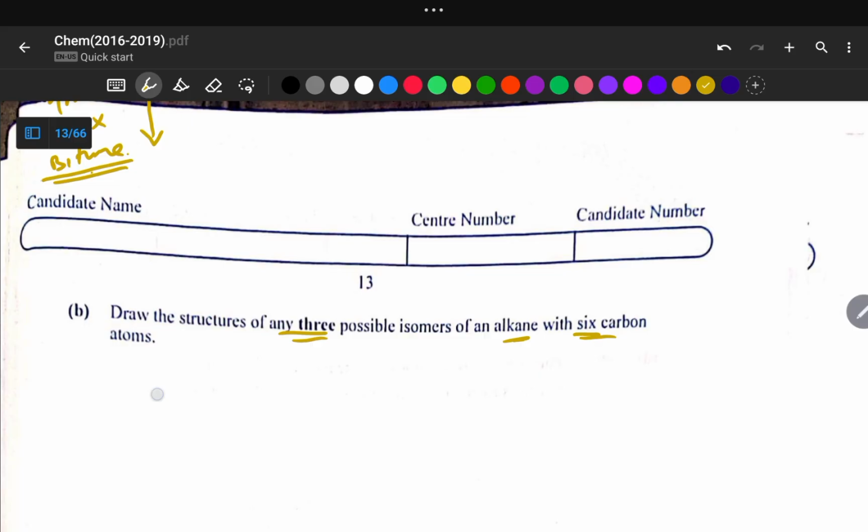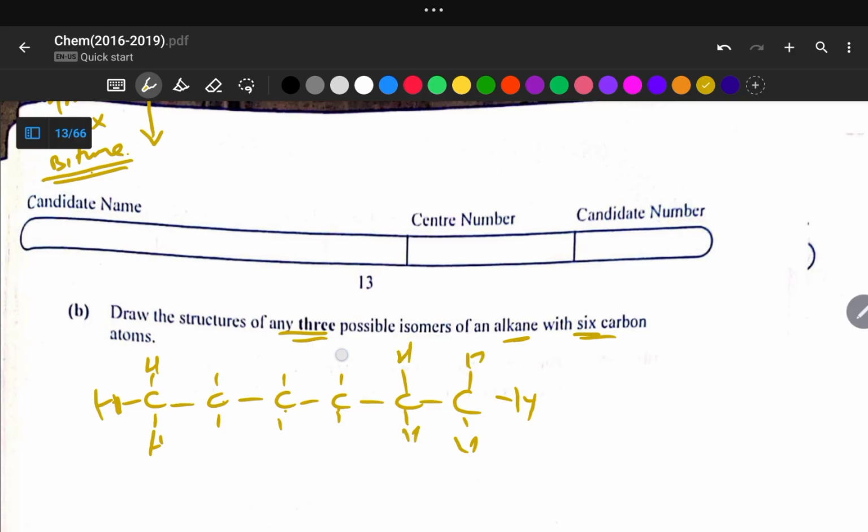So we're simply going to draw CH3, CH2, CH2, CH2, CH2, CH3, and we are done with the first one, which is the straight chain.